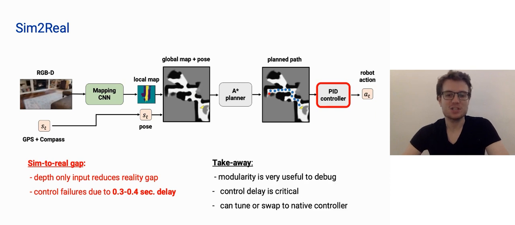So maybe one message here is that interpretable models make it much easier to debug and fix this kind of issue compared to, let's say, a monolithic neural network. Having now identified an issue with the control delay, we could probably fix the problem by having access to a similar robot, or we could even swap out our controller for one shipped with the robot's ROS package.